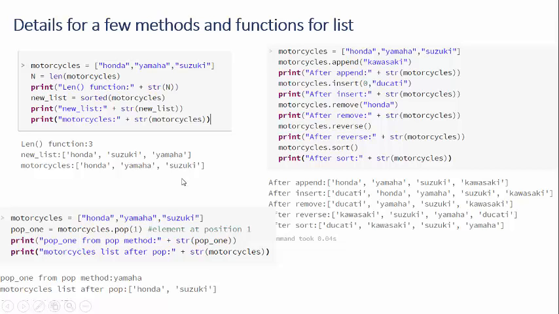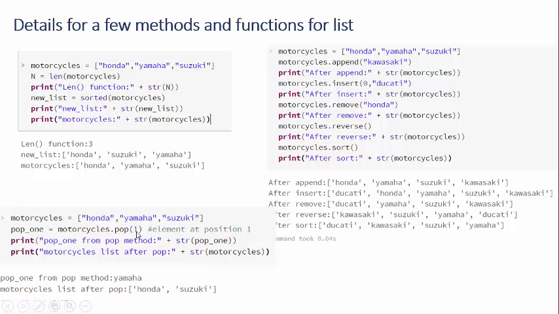Another popular method in list is pop. Pop removes an element from the list, though it's not necessarily the last element, because pop takes an argument.